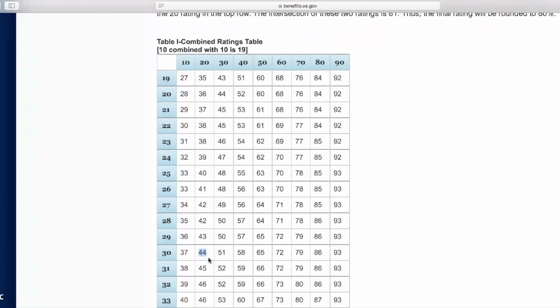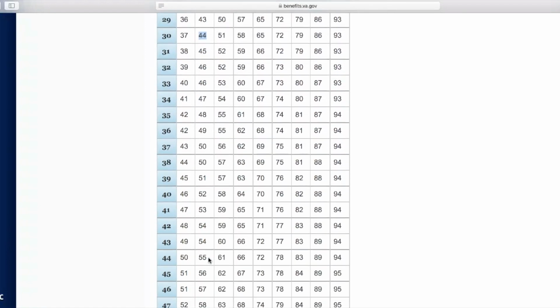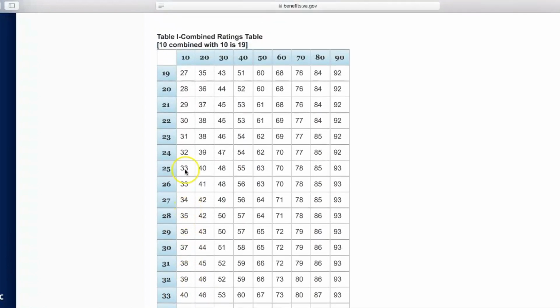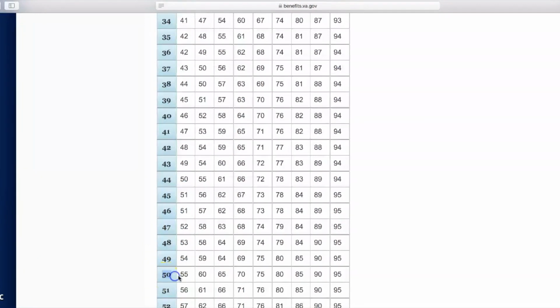Now I'm going to scroll down to the 44. Remember, we still have 2 more 10s to go. So here's 44, and here's a 10. So we took our 44 and a 10, that's 50. Now I'm going to scroll down to the 50 and take another 10, and we're at 55%.